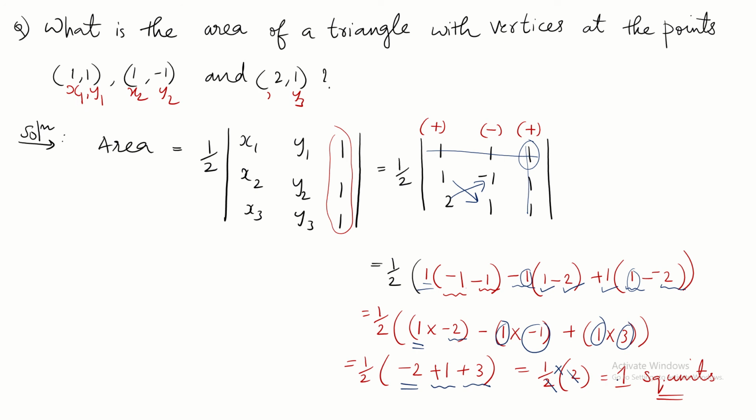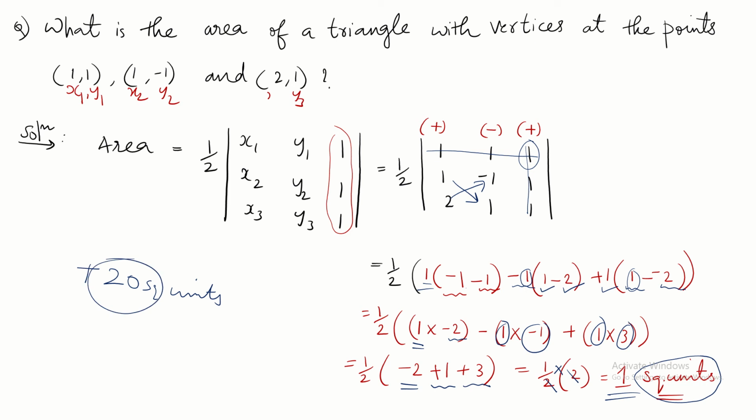Whenever you are writing the answer for the area of a triangle, you should write square units, or else your half mark will be lost. And if the area of triangle answer is negative, you still have to write the answer as positive. If you get minus 20 square units while solving, you have to ignore the negative and take only the positive value.